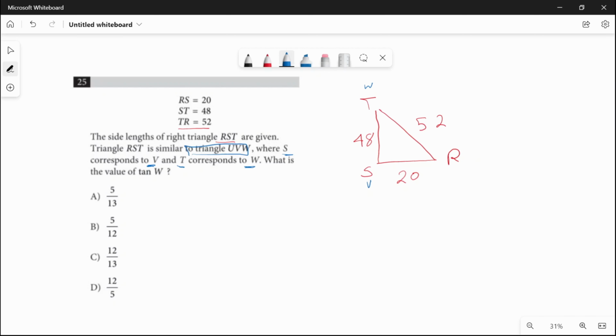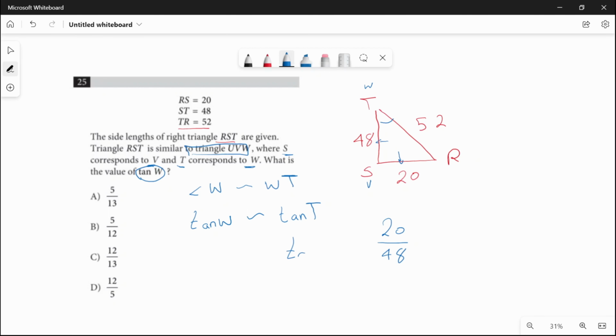And he's asking us about the value of tan W because angle W is similar to angle T. Tan W will be similar to tan of T. So let's find the tan of T. Tangent is equal to the opposite divided by the adjacent, which is 20 divided by 48.